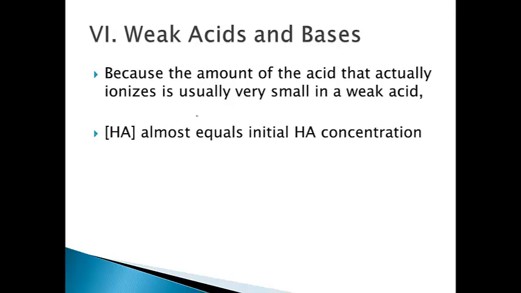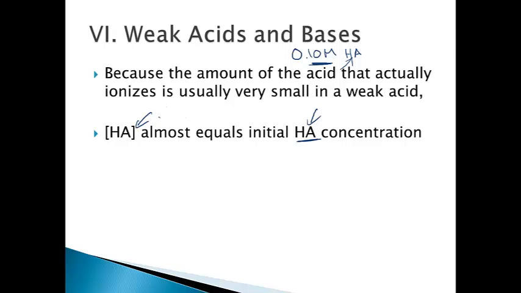The equilibrium concentration, this is after it's done ionizing, is pretty much equal to the concentration of the whole molecule. So in other words, if we said it was like 0.10 molar HA, this is the concentration of the HA before you dump it into water and it breaks up. But the equilibrium concentration is basically the same thing.